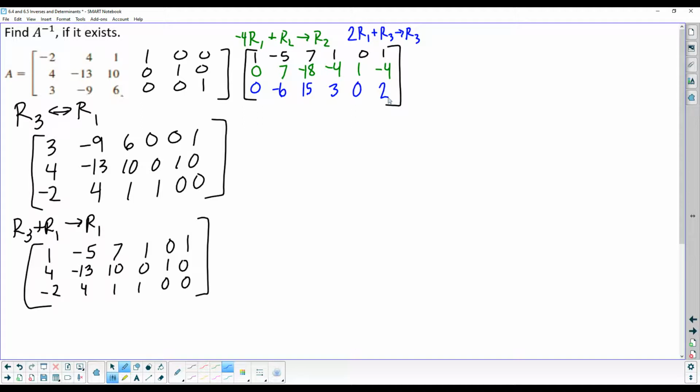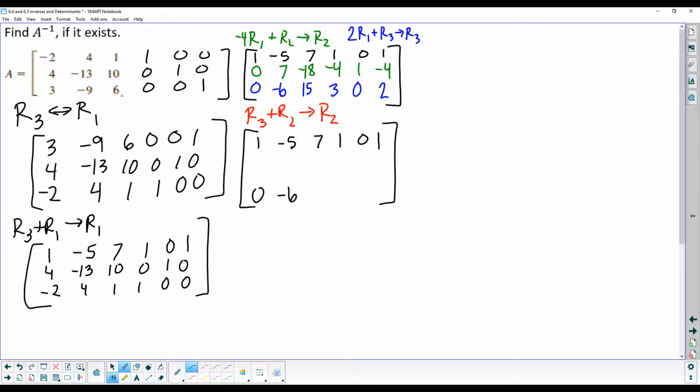That 7 and that -6 in the next column look pretty good to me. So if we can just add the bottom row to the middle row and put it in the middle. So row 3 plus row 2, and we're going to put it in the second row. So the first row is not changing, and the bottom row is not changing.